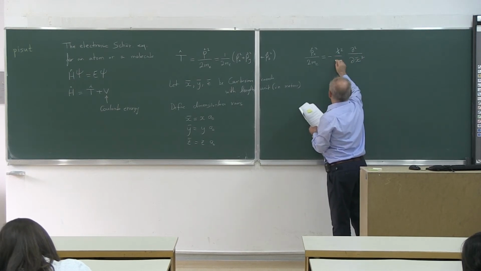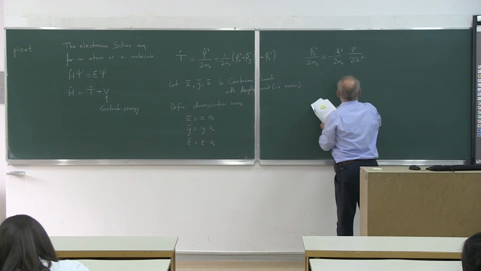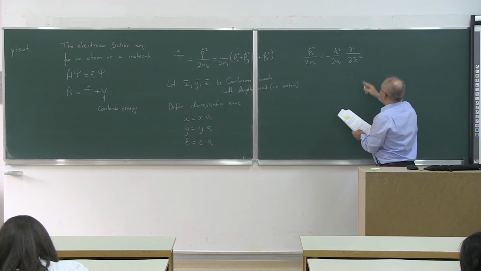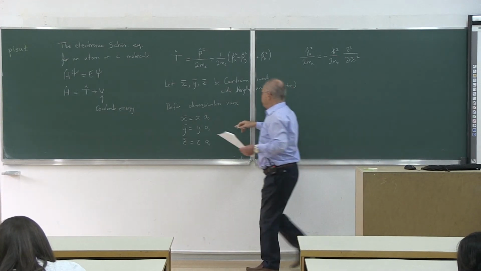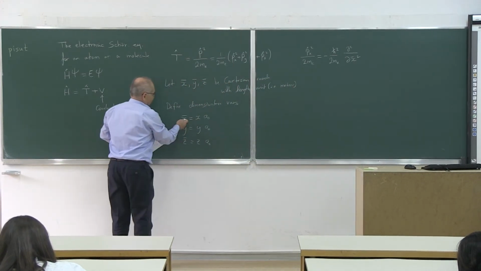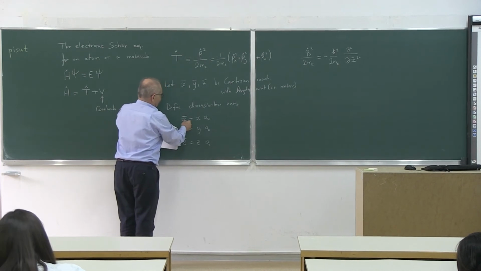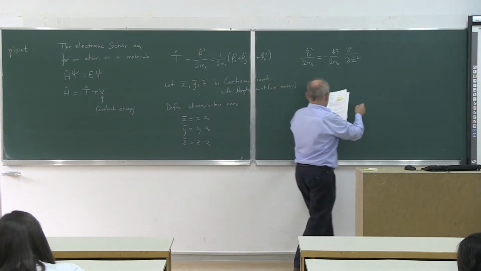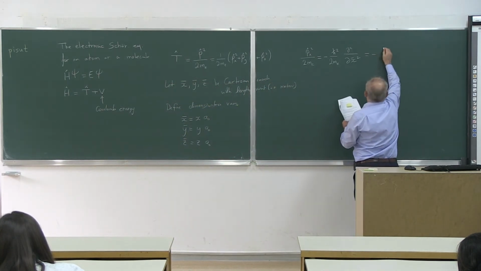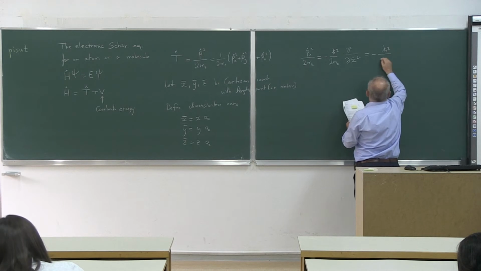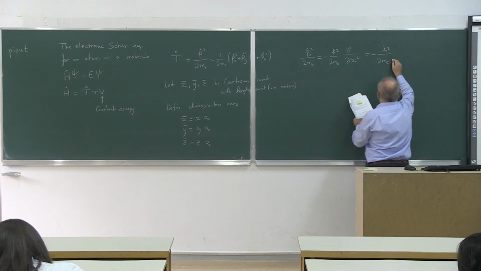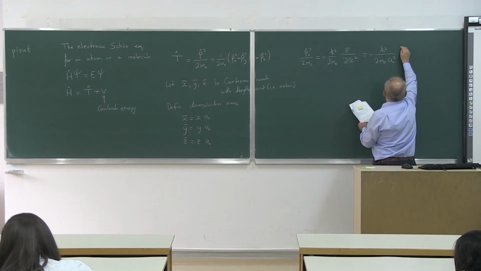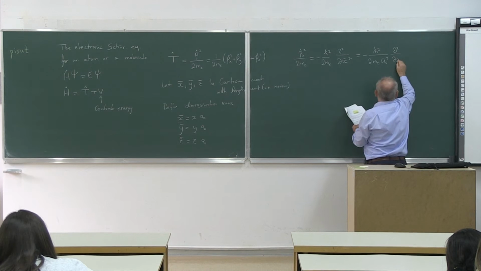And we have also this 2 times mass of electron. Now, using this definition for x bar, we can write this expression as minus h bar squared divided by 2 times mass of electron times A0 square times the second derivative with respect to x.